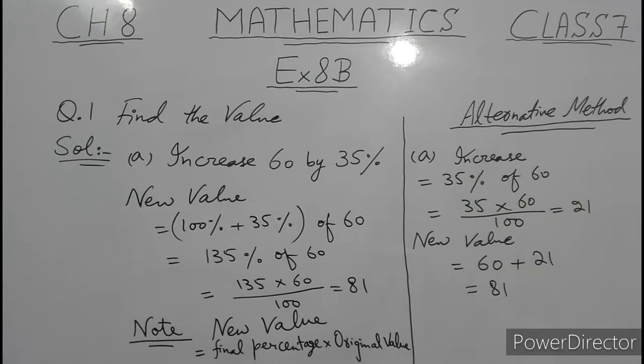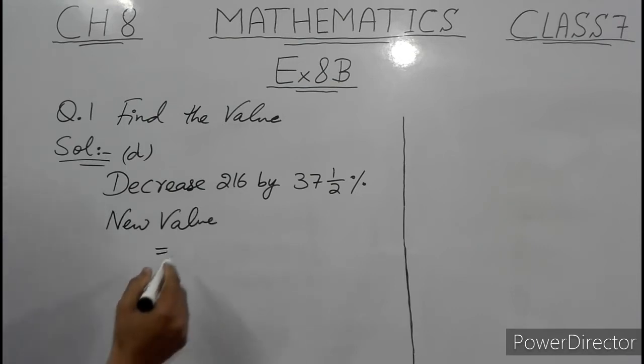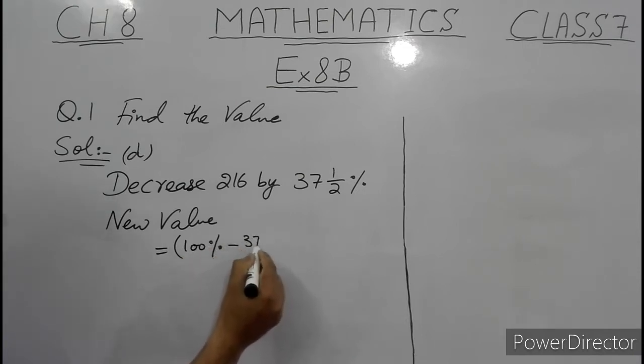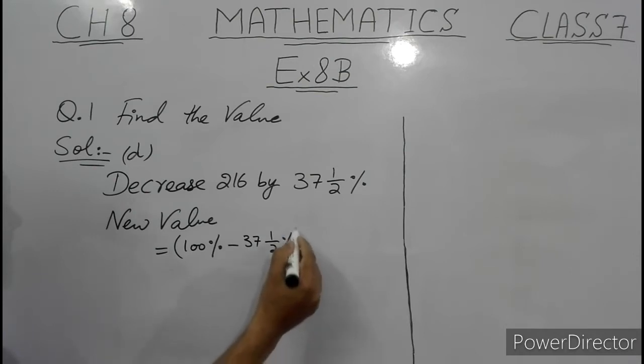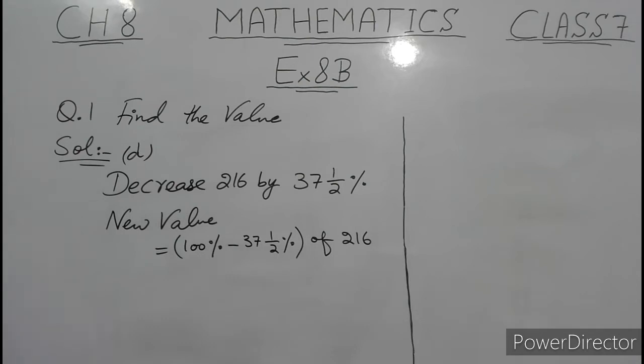Now I do D part, and B part and C part will be your assignment. As we want to decrease 216 by 37.5%, the new value will be 100% minus the given percentage of the original value. Convert 37.5 into decimal or as a fraction.